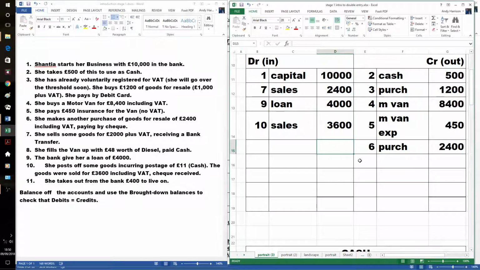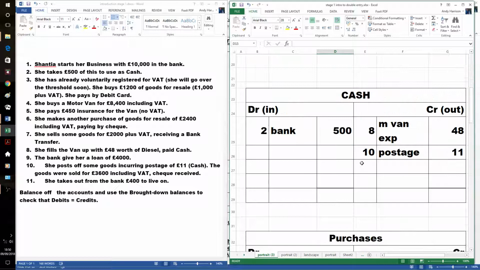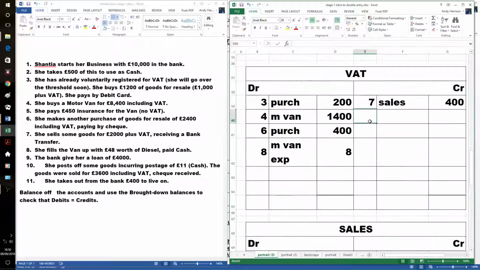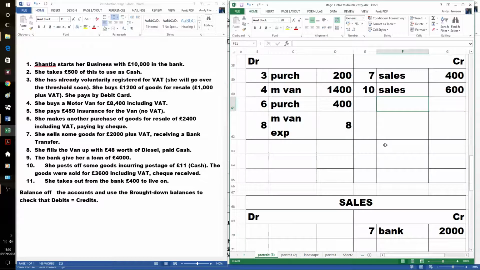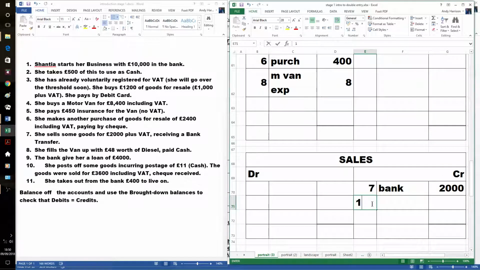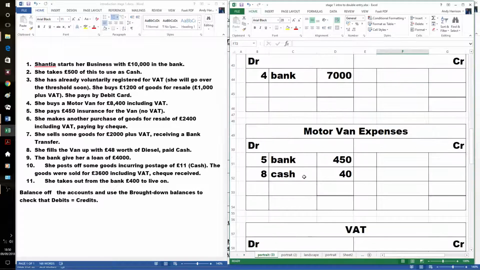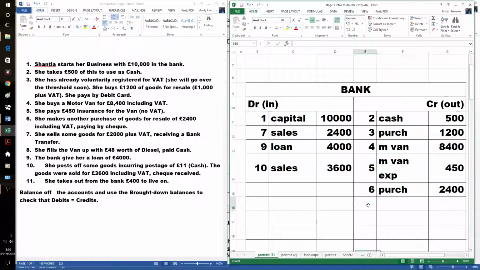And then, nice easy maths actually. £600 VAT, and 3,000 net, 3,000 plus that.